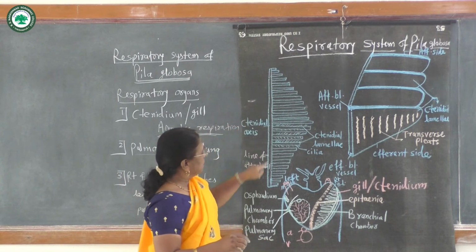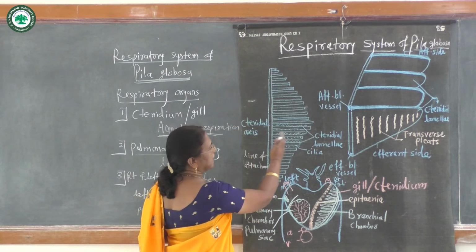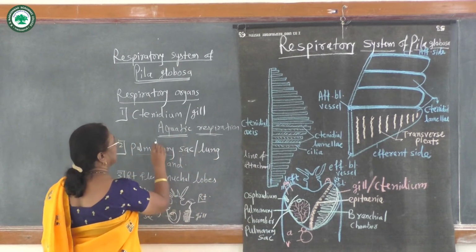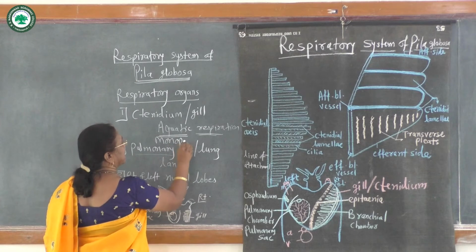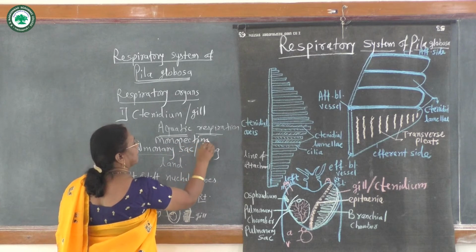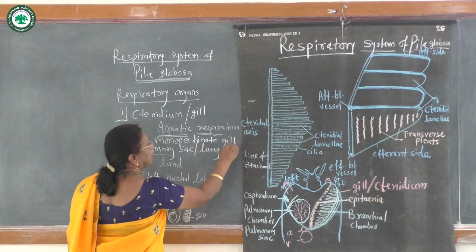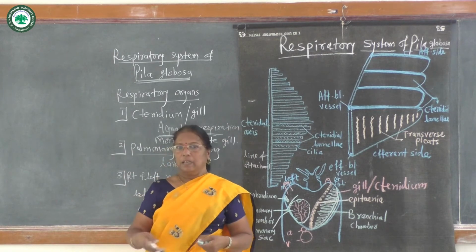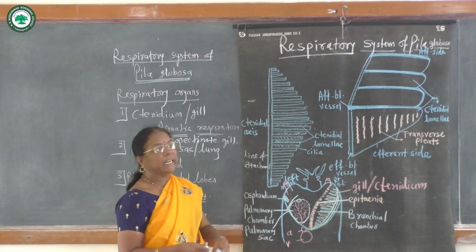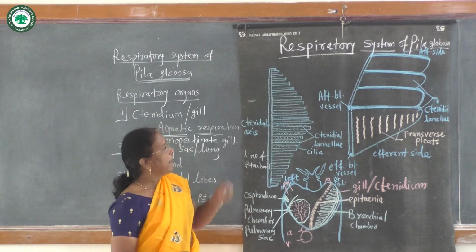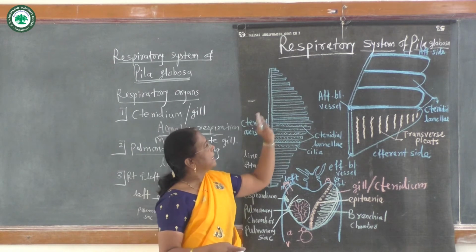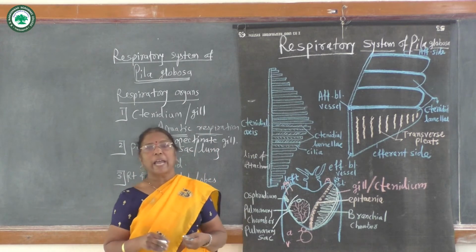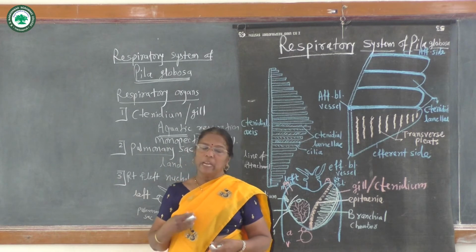This ctenidium shows gill lamellae on only one side, hence it is also called a monopectinate gill. If there are lamellae on both sides, then we call it a bipectinate gill. But here, only single side gill lamellae are attached, hence this type of gill is called monopectinate.